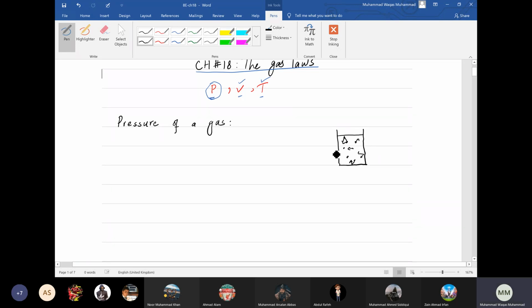Simple. When the molecules of the gas hit the wall of a container and rebound and bounce back, what happens?